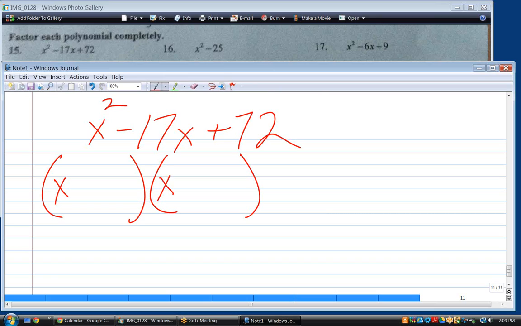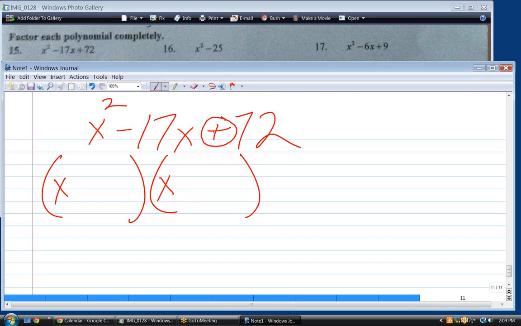If you learn step number 2, the way I understand it, I examine the sign on that number right there. Because it is a plus, both of my signs have to be the same. They either have to both be negative or they have to both be positive, because that's the only way you can produce a plus 72, is by having both signs the same.